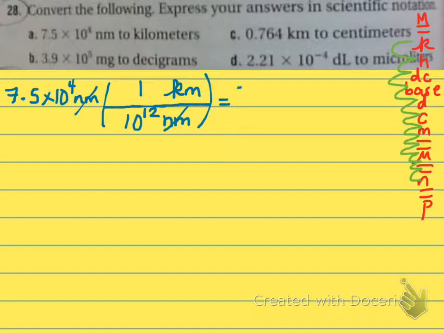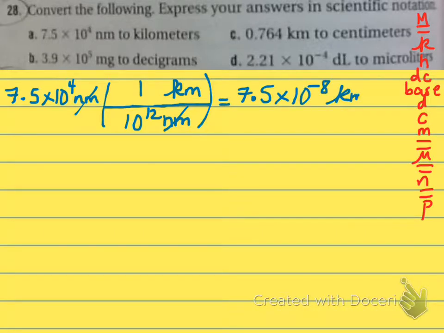Which means our answer is 7.5 times 10 to the negative 8th kilometers. So this was to the 12th, and we got 7.5 times 10 to the negative 8th kilometers.